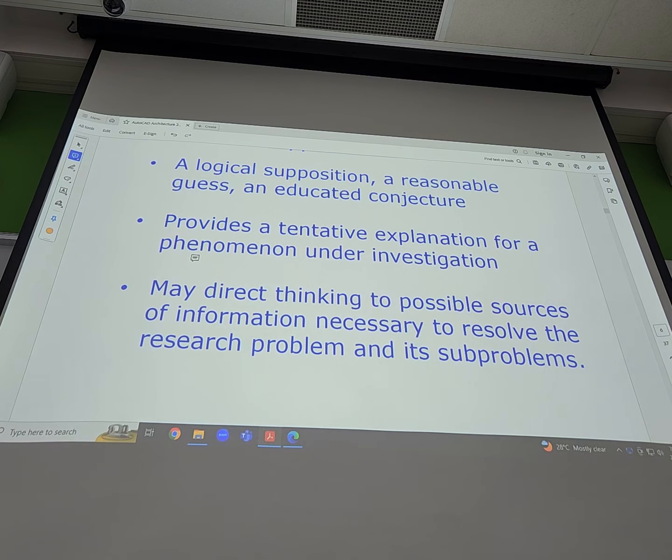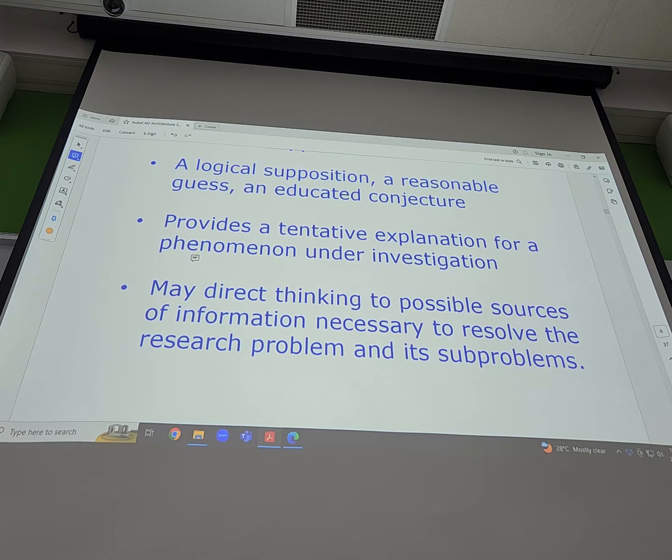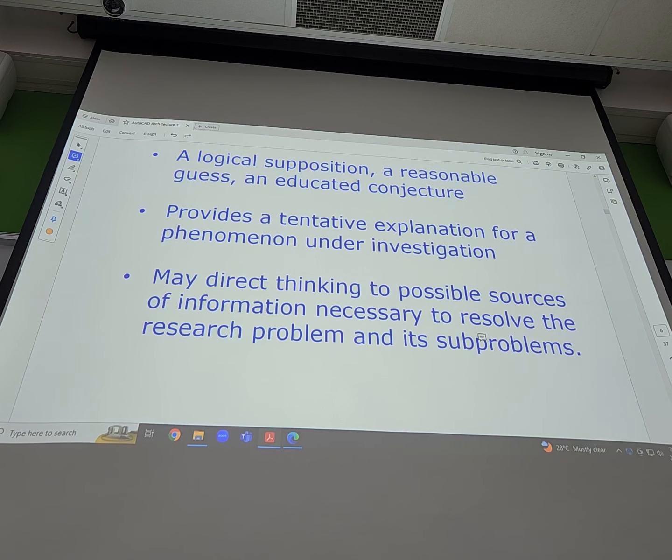You have to test by collecting data and then validate whether medicine B is better than medicine A or not. Such things are also part of research. This is called hypothesis testing. So there are different types of research.